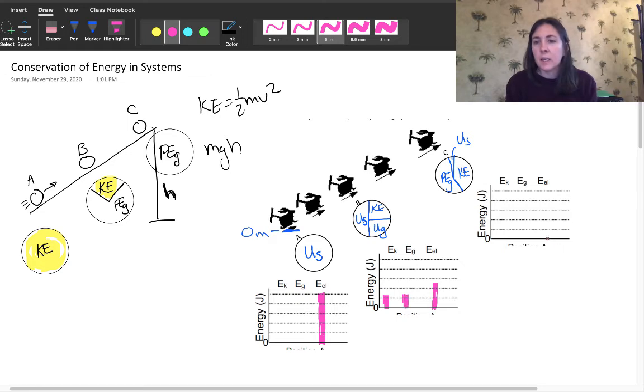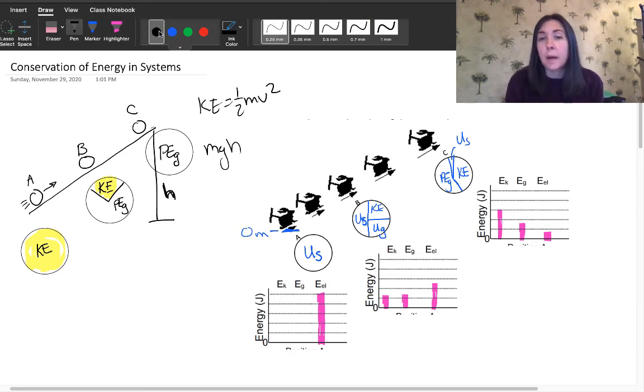And then at the end, I have a very small amount of elastic potential energy, maybe less than a box, and then I have maybe 2 boxes, maybe 3 boxes of kinetic energy, and maybe this much gravitational potential energy. So knowing that when you count this, it all adds up to the amount of energy that you had in the beginning.